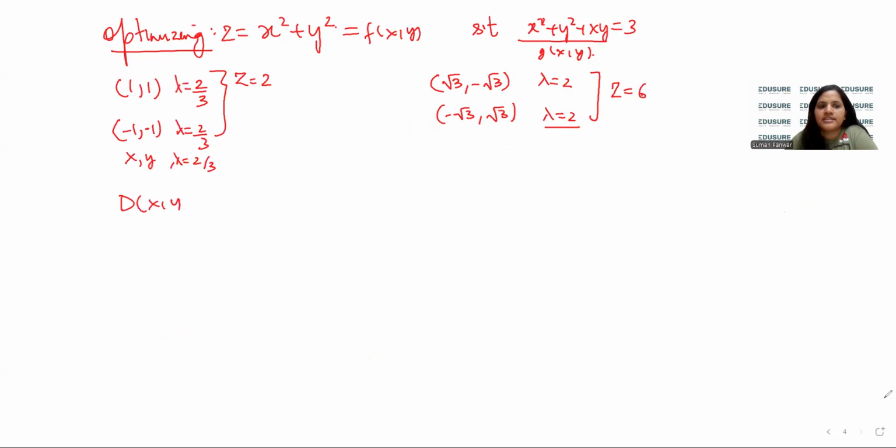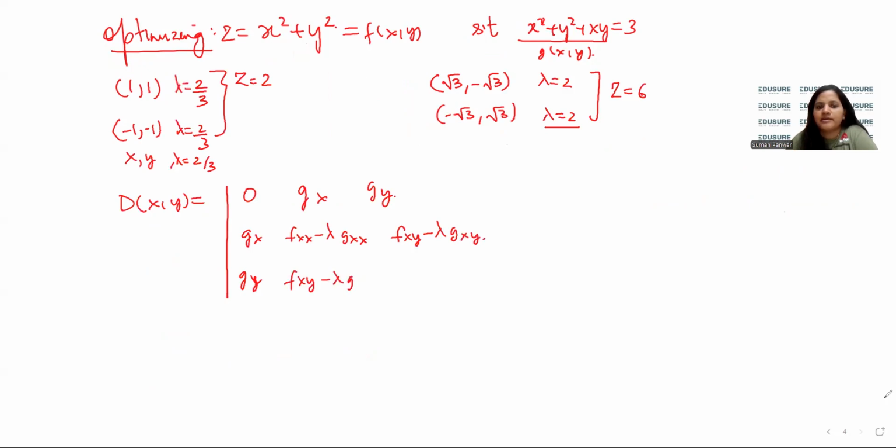So D of xy will be 0, gx, gy, gx, gy, fxx minus lambda gxx, fxy minus lambda gxy, fxy minus lambda gxy, fyy minus lambda gyy.